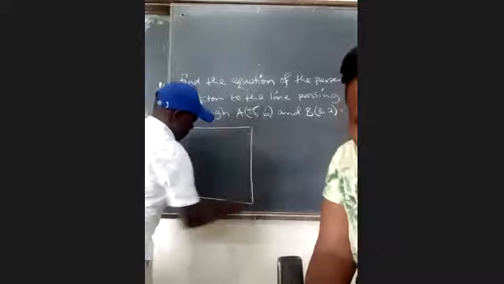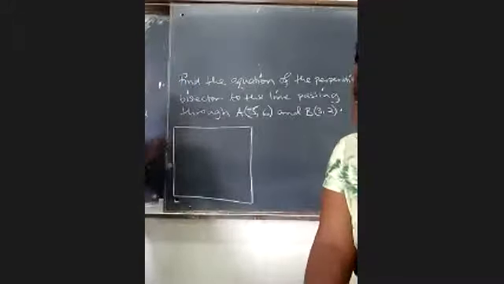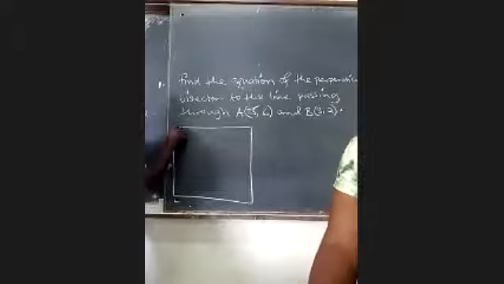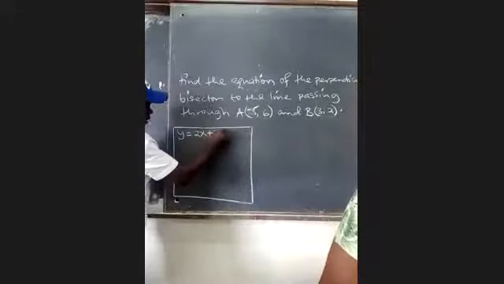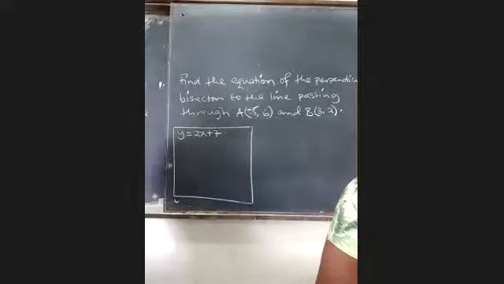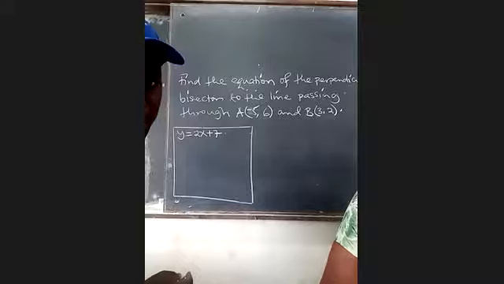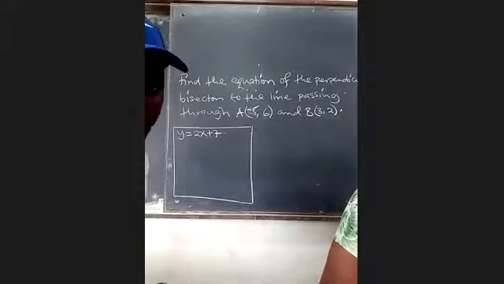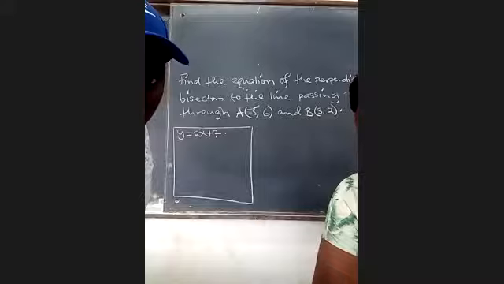Y equals 2x plus 7. Okay. Next. That's one. Another person. Is there another person? When you are done, you just tell us.